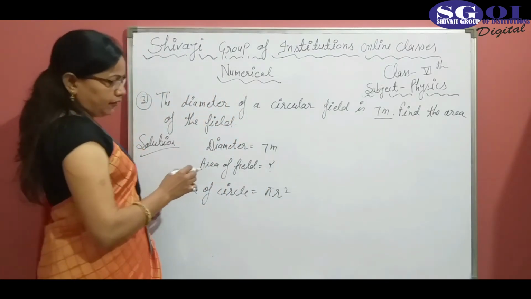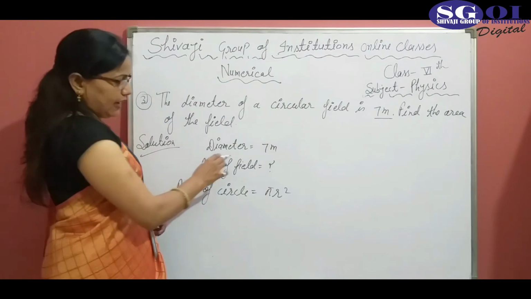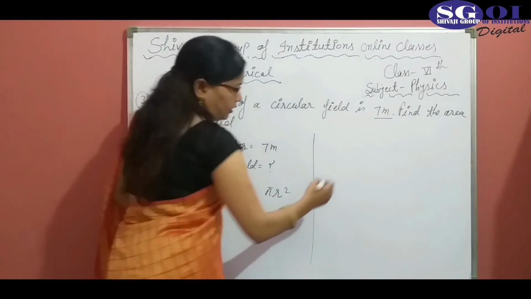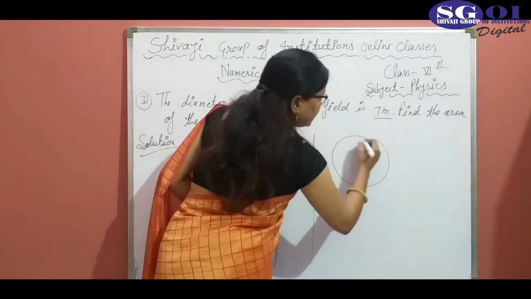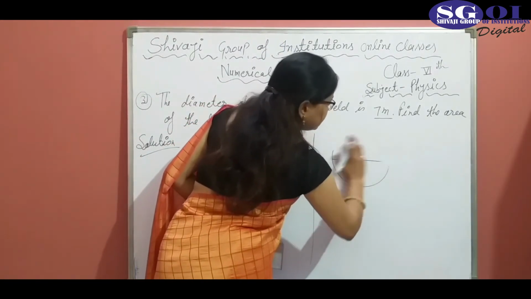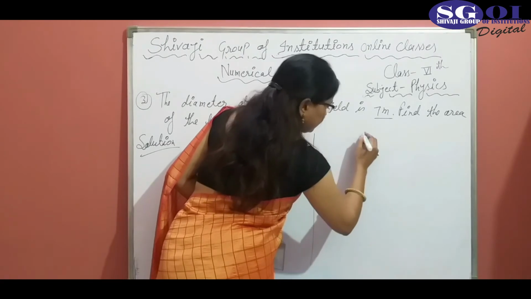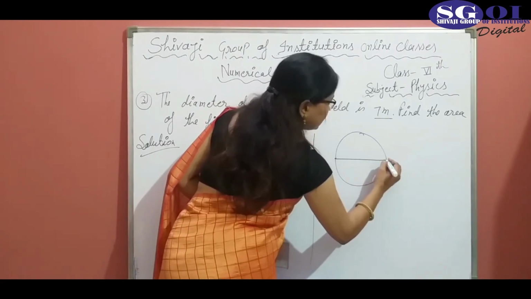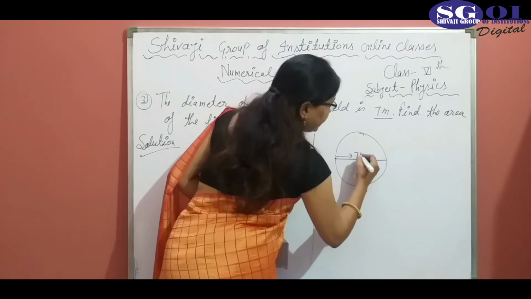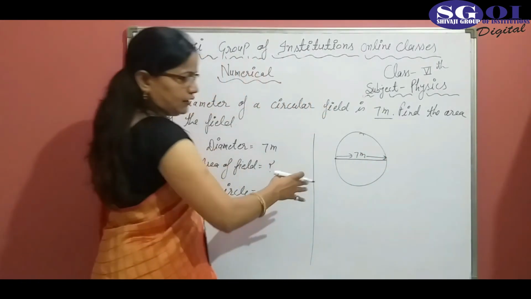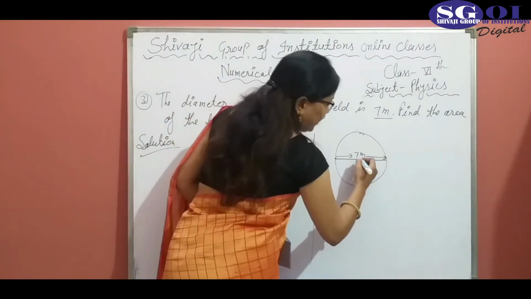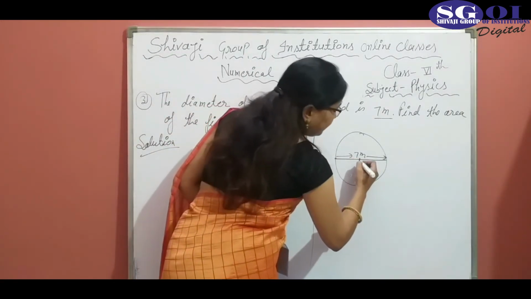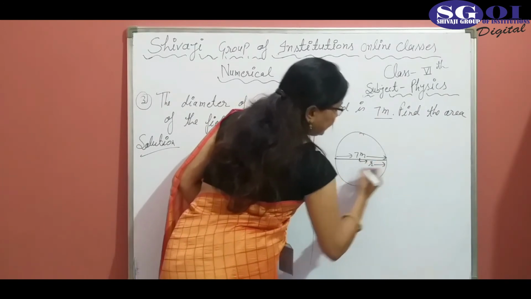So firstly we will convert diameter into radius. Student, this is the diameter of the circular field, and we know that radius is the half of the diameter.